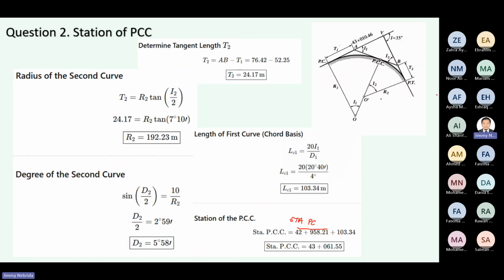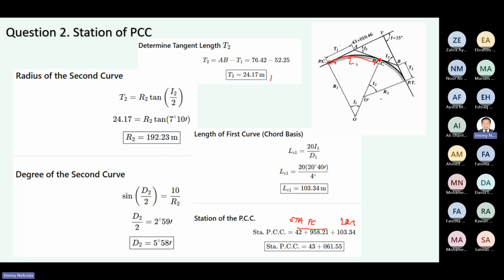So station PCC is just equal to station PC plus the length of curve 1. From PC, plus the length of curve 1, will give you PCC.